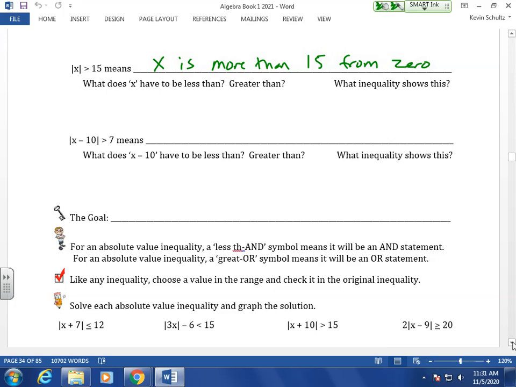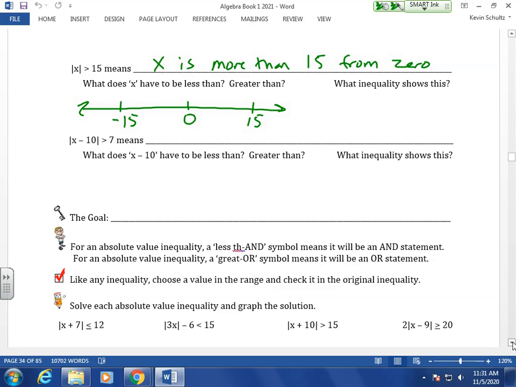So what does x have to be less than, and what would x have to be greater than? Notice I'm asking you two questions now. Not what is x between, but what does x have to be less than, and what does x have to be greater than to be more than 15 from 0? Erica? It has to be less than -15. Very good. It has to be less than -15 and greater than +15.